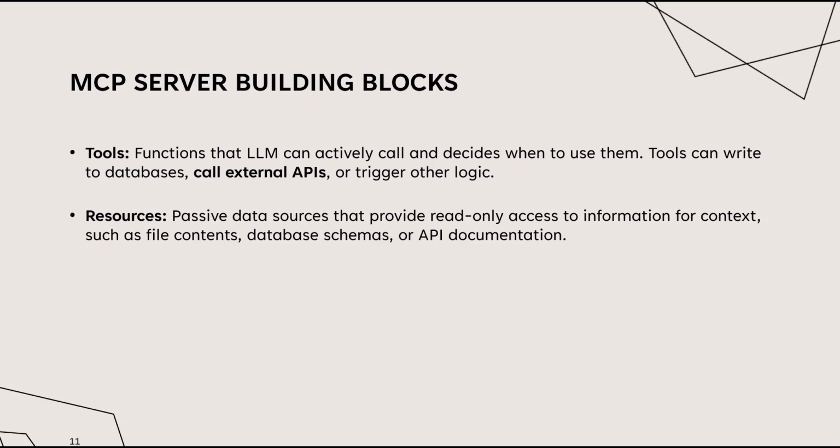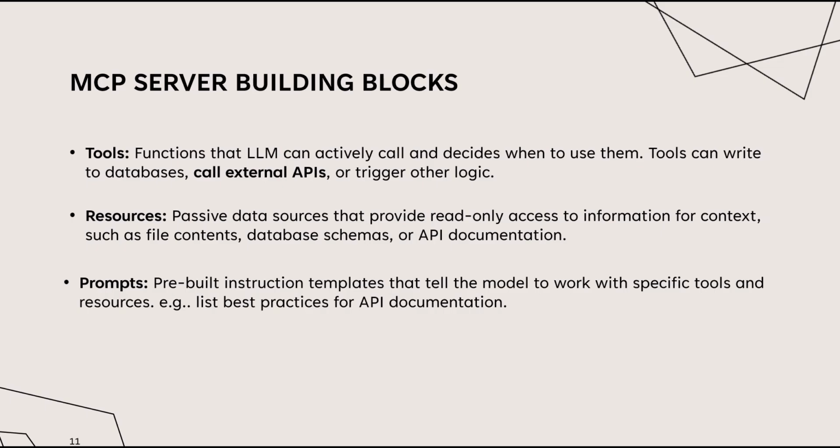For example, resources can be the content of a file, database schema, or API documentation. Finally, we have prompts. These are pre-built instruction templates that guide the model on how to work with specific tools and resources. Together, these three building blocks enable the MCP server to deliver powerful, context-aware functionality.